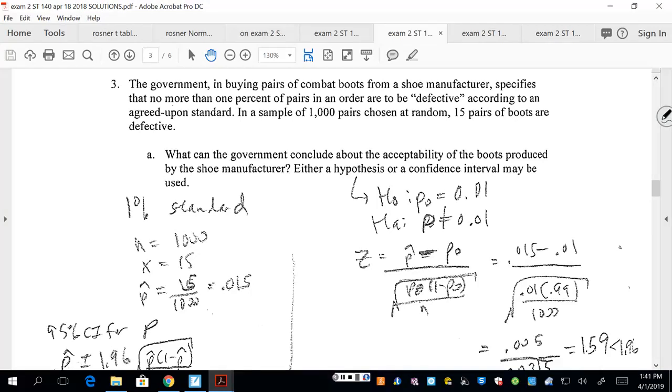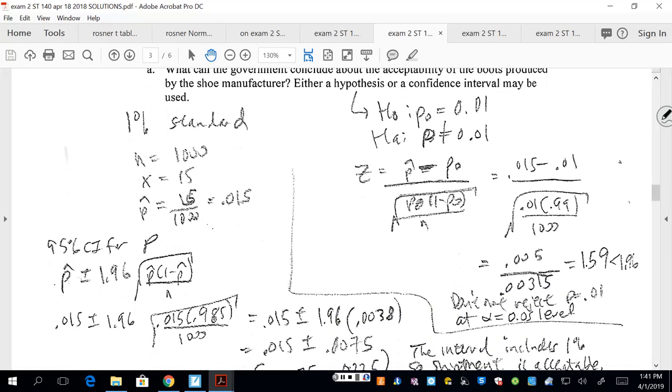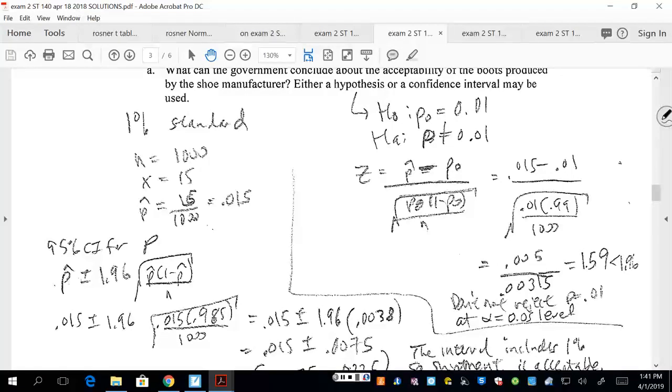If too many are defective, the government's going to say, I'm sorry, these aren't any good, you have to take them all back. So they sample 1,000 pairs, maybe out of 1 million or something, and 15 of those pairs are judged to be defective. That's a little bit more than 1%, right? The p hat is 0.015.